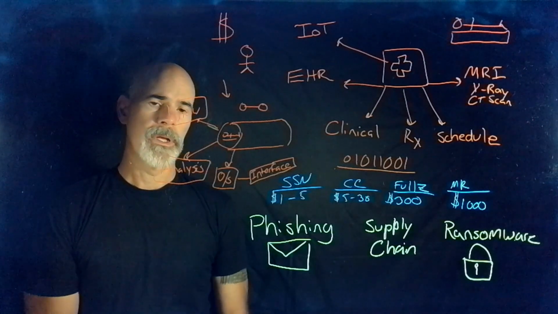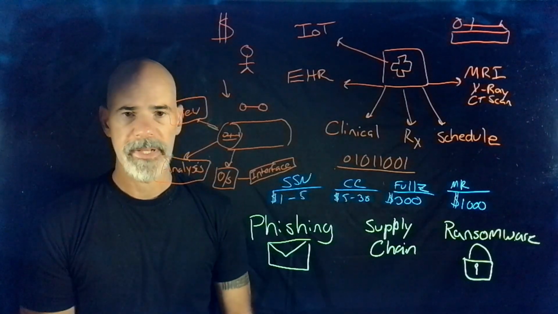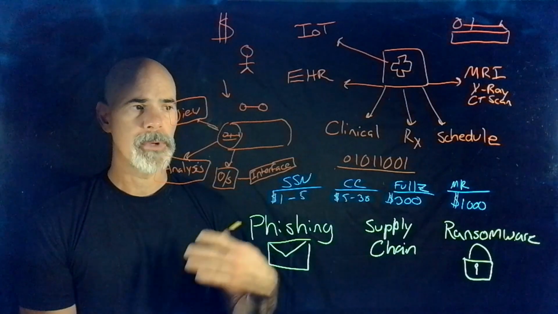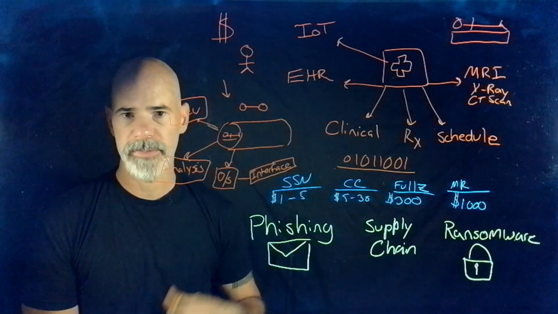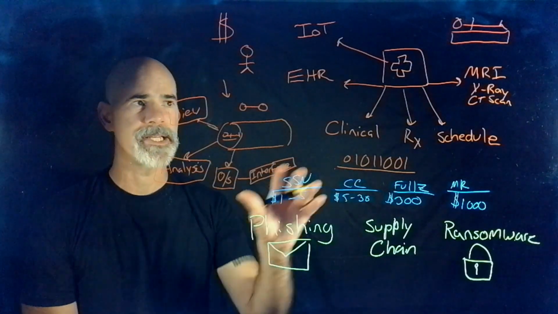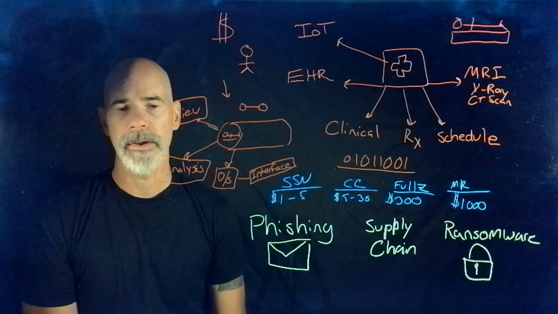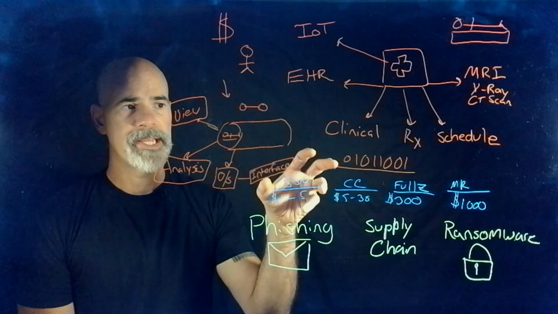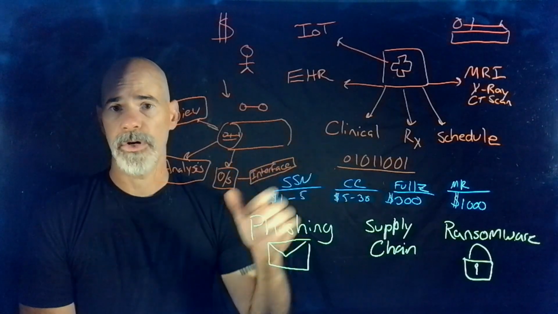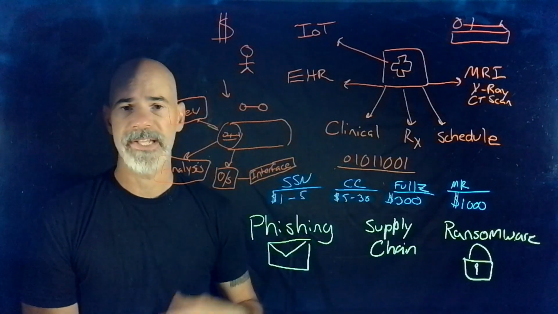Again, if you're not familiar, maybe that doesn't sound terrible. However, it is extremely terrible, especially in a healthcare environment where there have been plenty of cases where hospitals have been taken offline because of a ransomware attack.